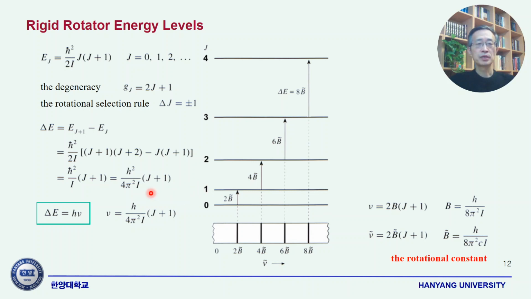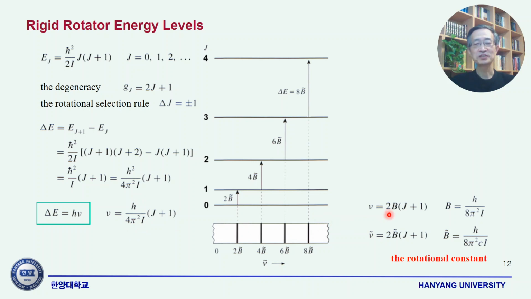All right. So this is the relationship between frequency and energy. This energy is equal to h nu. So nu is h over 4 pi squared I, times (J plus 1), because there is already an h here. But people define this as 2B for some reason.